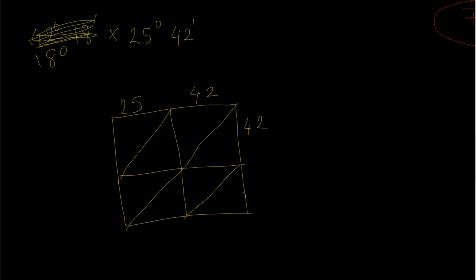Oh, sorry about this. Actually, I wanted to erase this one over here. So this is 18 and 36. This is supposed to be here 18 degrees and 36 minutes. All right.